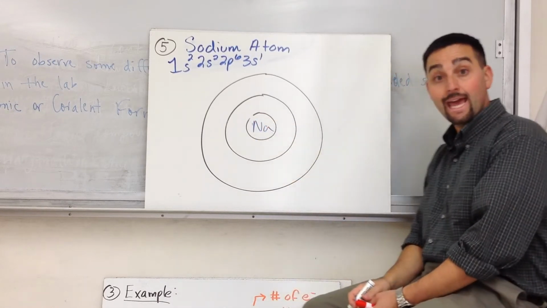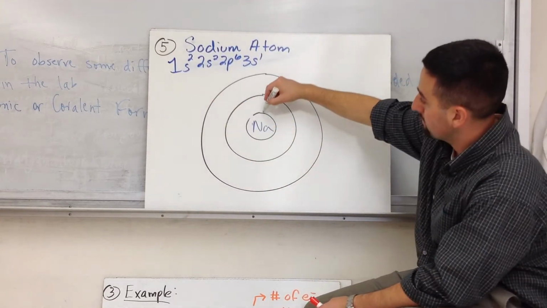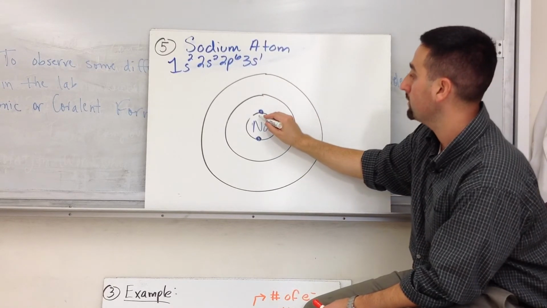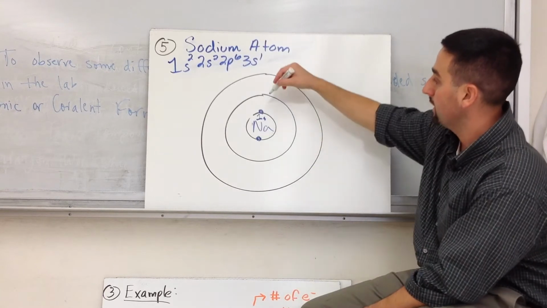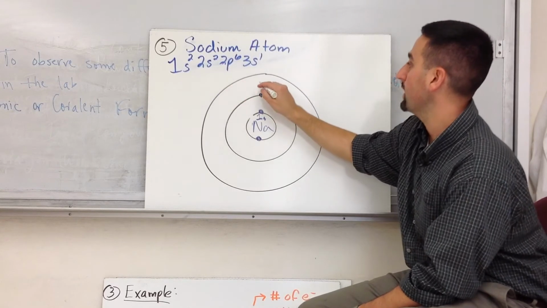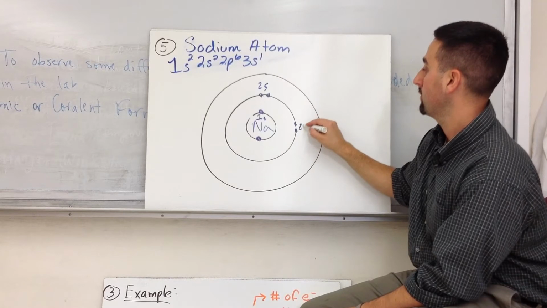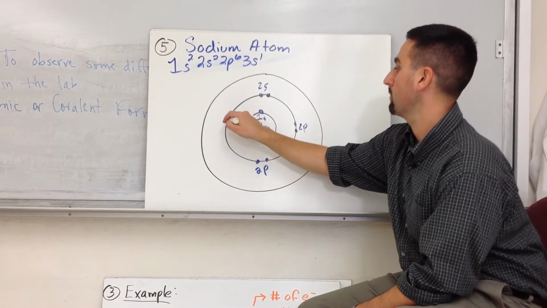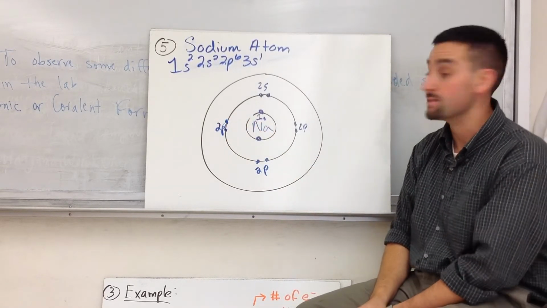The sodium symbol is Na, from natrium, and there are 2 electrons in the 1s subshell. And there are 2 electrons in the 2s, and there are 6 electrons in the 2p's, for a total of 8 electrons in the second shell.